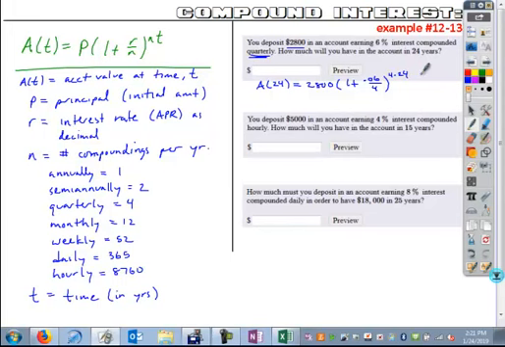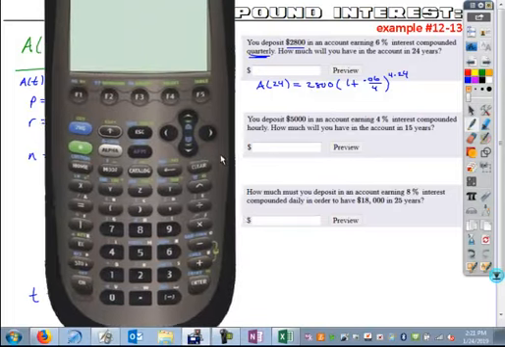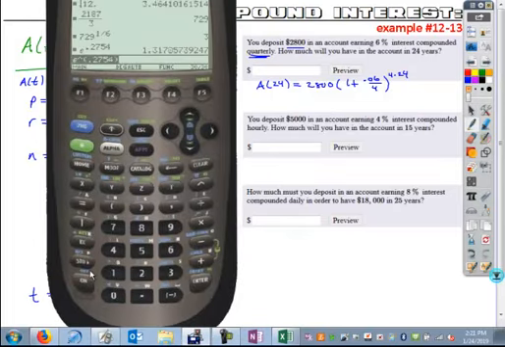Now, setting them up is not usually the part that causes the issue. The part that causes the issue is the calculation, because order of operations is taken into account. So when you are plugging this in, 2,800 times the quantity 1 plus 0.06 over 4.